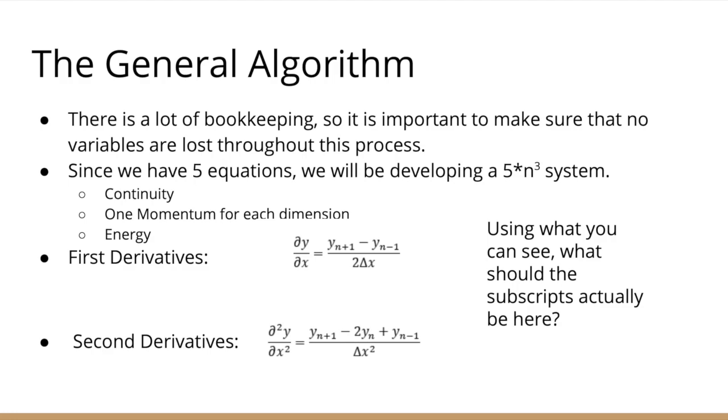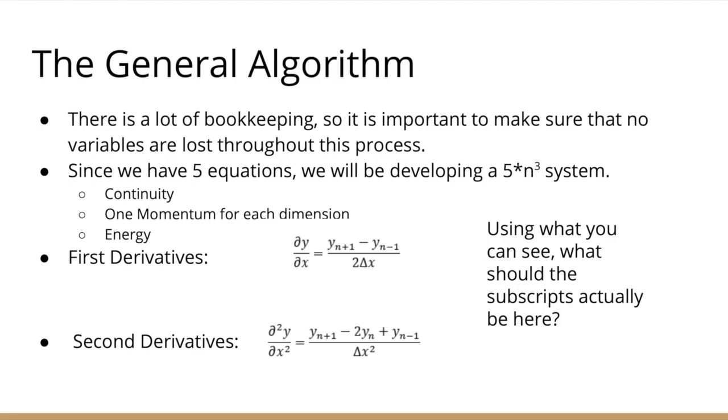So next is the general algorithm. In the general algorithm, there is a lot of bookkeeping that you have to do, so it is extremely important that you don't miss any equations or variables. In fact, we have 5 equations. Since we were already developing an n cubed system, now with 5 equations, we have 5 times n cubed, which makes the problem get much larger very quickly.